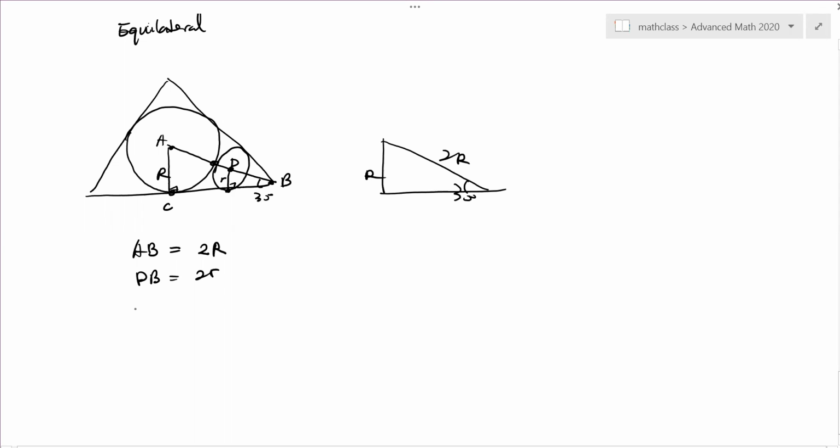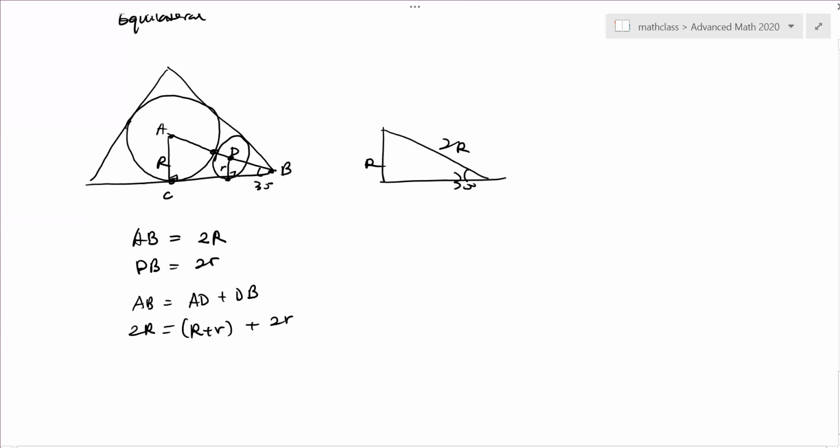You add them together. So AB is going to be AD plus DB, right? DB is 2r. What is AD? AD is the distance between two centers, which should be R plus little r. And AB is 2R.